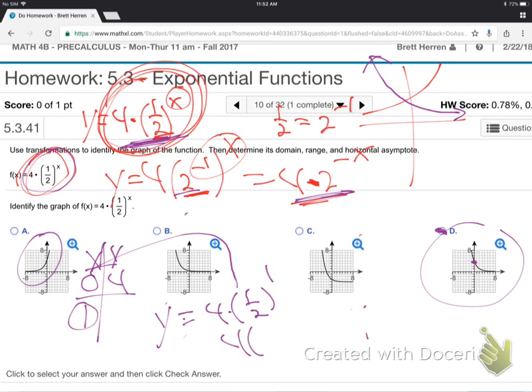A half to the 1 is just a half. 4 times a half of 4 is 2. Over 1, up 2. Yeah, this one was over 1, up 2. This one has over 1, up something big. So then you would know it's D that way also. Does that make sense? Either by plugging a couple of points or knowing the fraction is a negative power sideways flip thing. Either way. All right, watch out. Don't be tricked. That's why I did that, just to show you how easy it is.